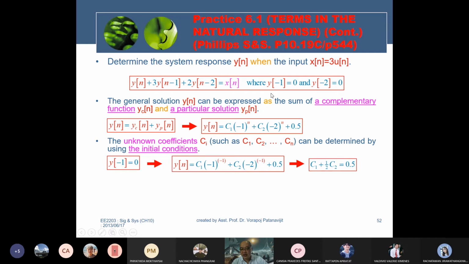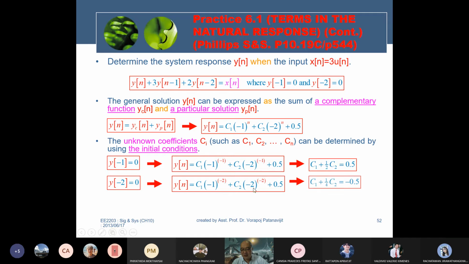We use the first initial condition: when n equals minus 1, yn equals 0. You get this here. If n equals minus 2, yn equals 0 again. Substitute n equal to minus 2, you get this here. Two equations, two unknowns, you can determine c1 and c2.